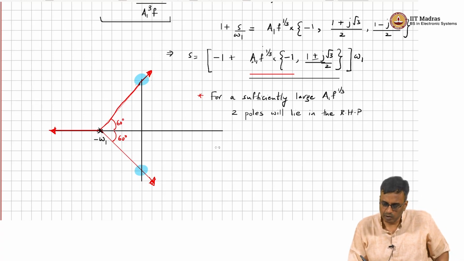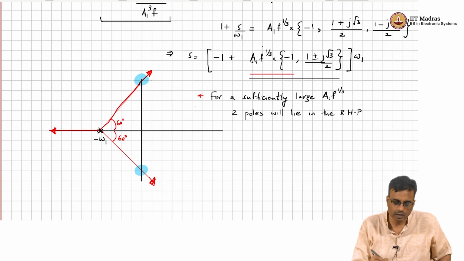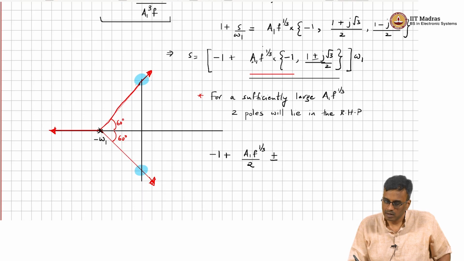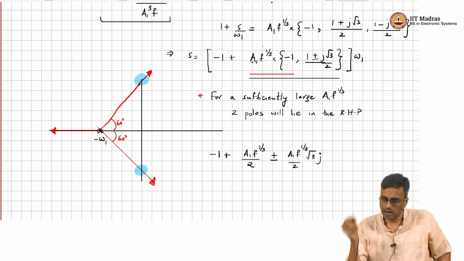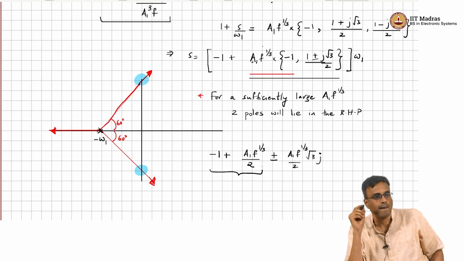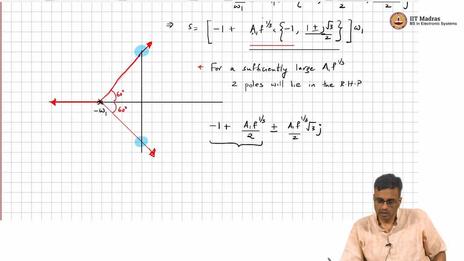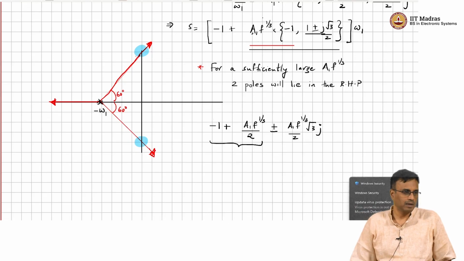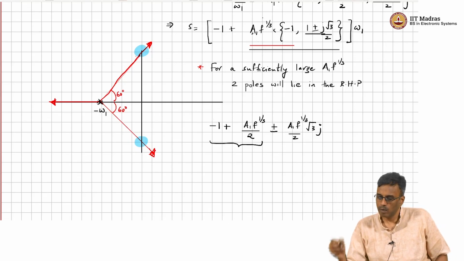So what are those two poles? Those two poles are (-1 plus A1F to the 1/3)/2 plus minus (A1F to the 1/3)/2 times root 3 j, correct. So this is the real part of the root, and therefore if the two poles lie on the j omega axis, what happens?